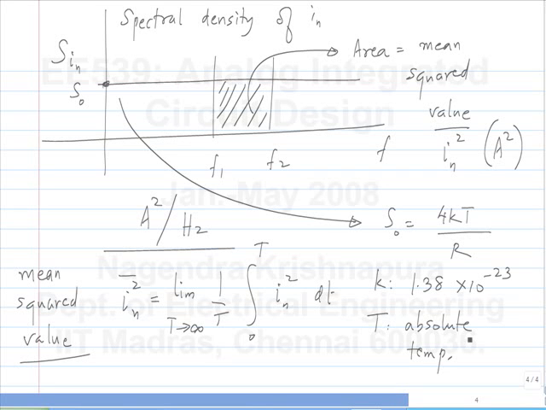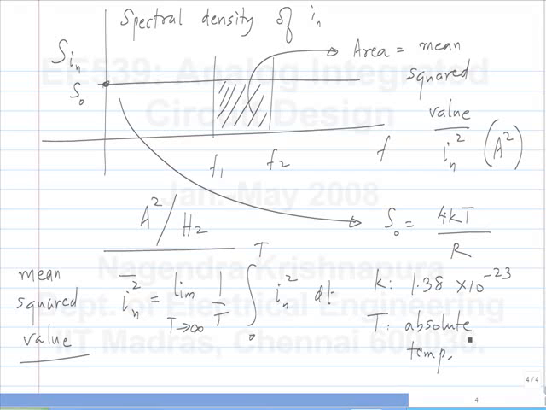And also it reflects something that may be intuitively appealing, that if the temperature reduces, the amount of noise reduces. Okay, this is what you expect. I just said that the noise is because of random thermal motion of electrons, which does reduce if you reduce the temperature. Okay, at absolute zero there will be no noise.